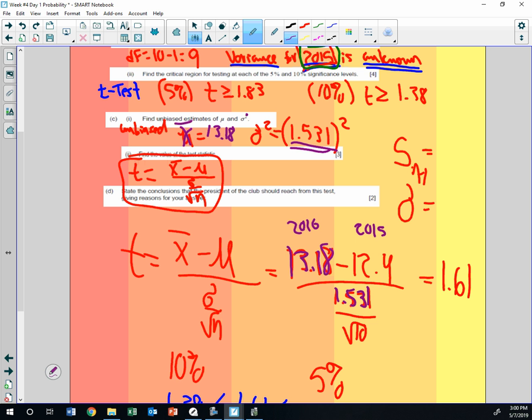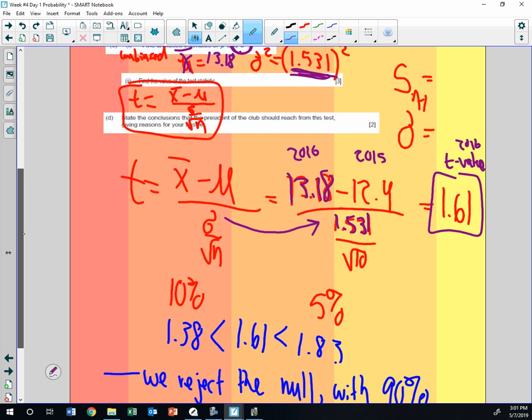And going back, the variance was 1.531 squared, that's what they want, but for my formula I only want sigma. So sigma is 1.531, not 1.531 squared, over the square root of n. And when I get that, I get the t-value for the 2016 data of 1.61. So that goes for part C, part 2.